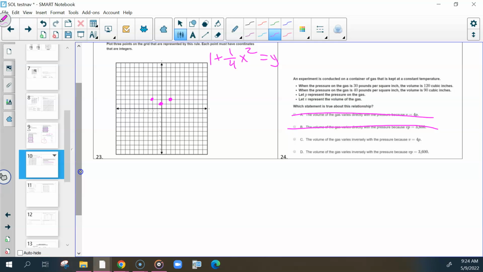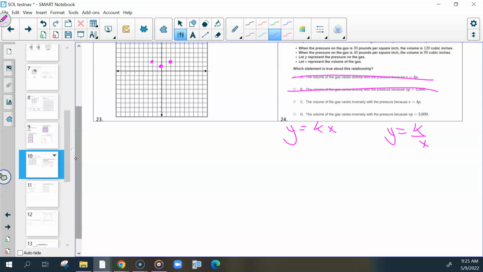Now, we have to know which of these represents our inverse variation equation. Our direct is usually y equals kx. The variables are different, but that's okay. And our inverse is usually y equals k over x. One of these is in this format and one of these is not.